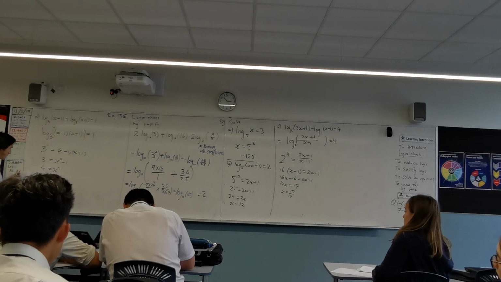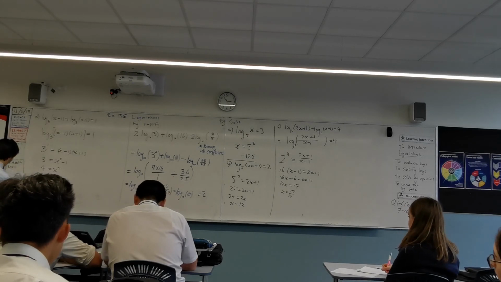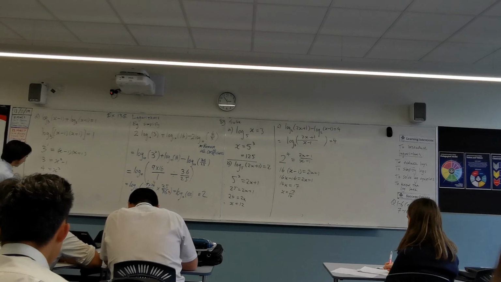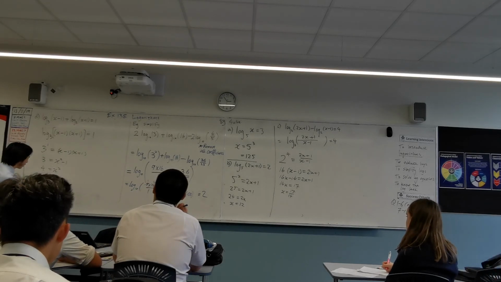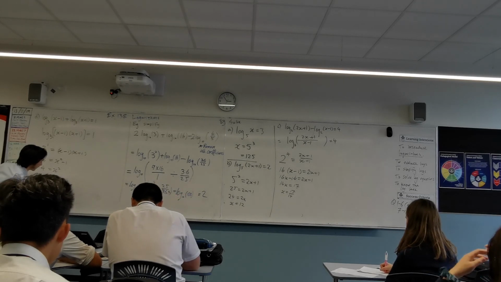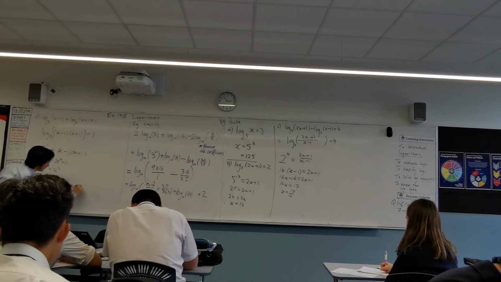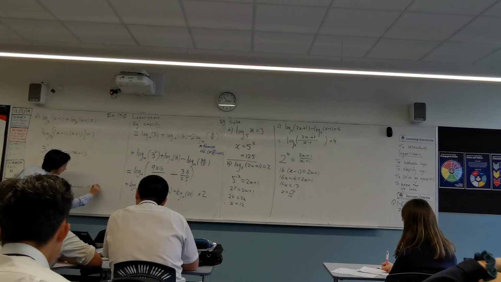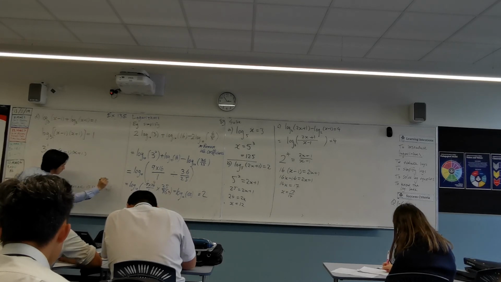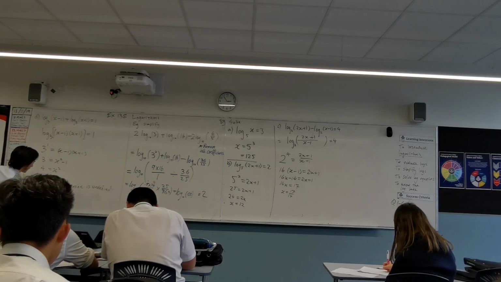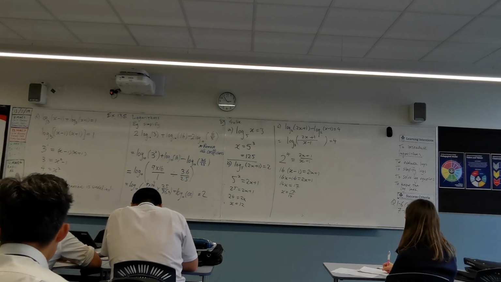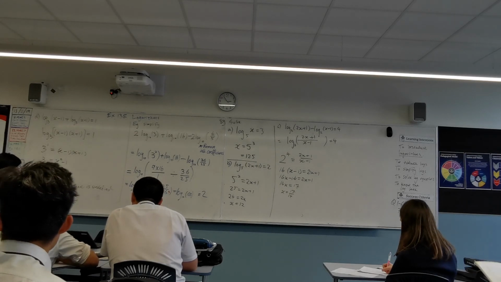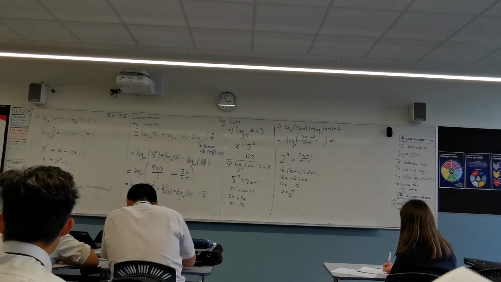So what you would write down is any kind of explanation that one of these is undefined. The original equation is undefined for x equals negative 2. You write that down as an explanation, and at the end you write down the actual answer, therefore x is 2.